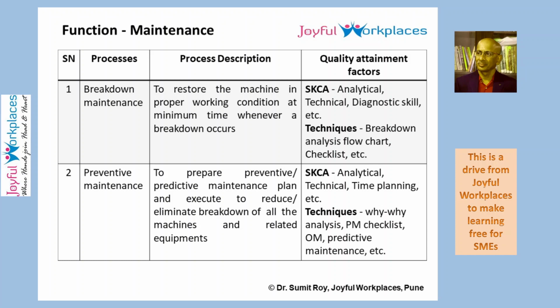So here also we are able to see that if the process is described properly and the steps for carrying out the process are also written down properly, step by step, in a systematic manner, then we are in a position to also keep the KPIs for each of the processes.